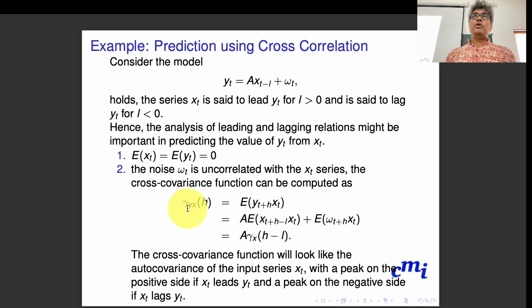So in order to calculate the cross covariance, I don't have to write any function for cross covariance. All I have to do is take the autocovariance function.